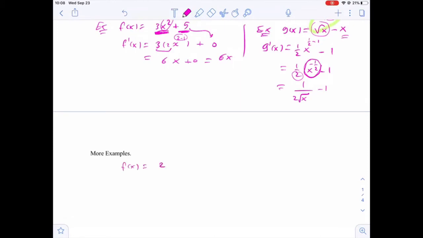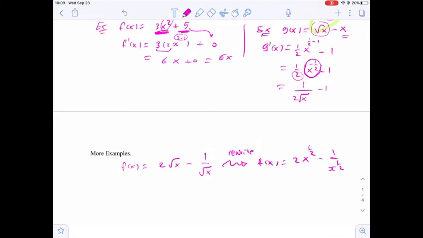If we have 2 square root x minus 1 over square root x. Now how to solve this problem? It's better to write it without using the square root notation. To write it as a power. So before we differentiate, we can rewrite as f of x equals 2 times x to the power 1/2 minus 1 over x to the power 1/2.